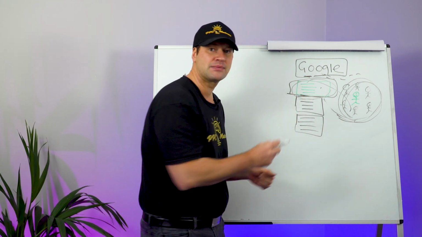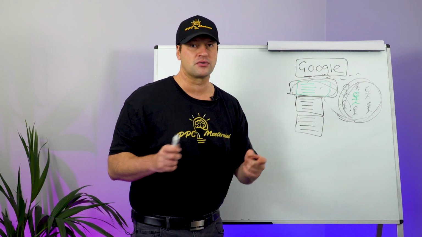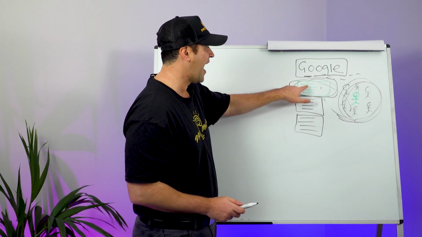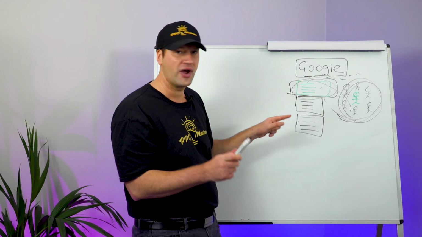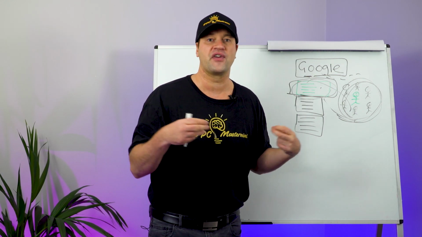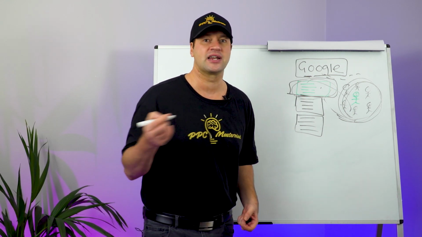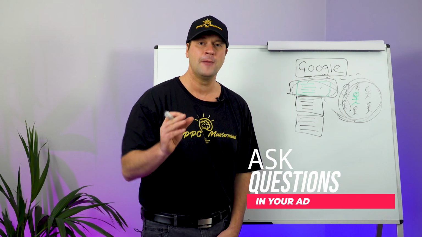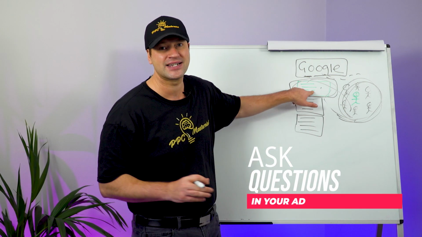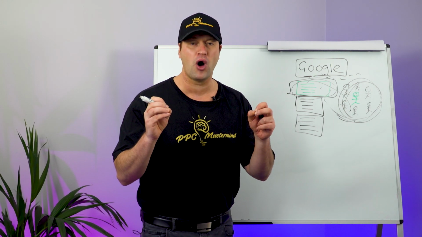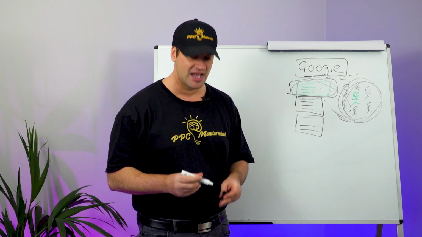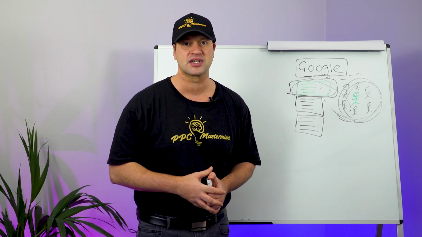So when somebody types into Google life insurance over 55, your ad will say life insurance over 55, or it could say things like, are you 55 or older? Do you need life insurance? Questions in an ad work so well on Google. You can really get more high quality leads and really get more conversions for your business.